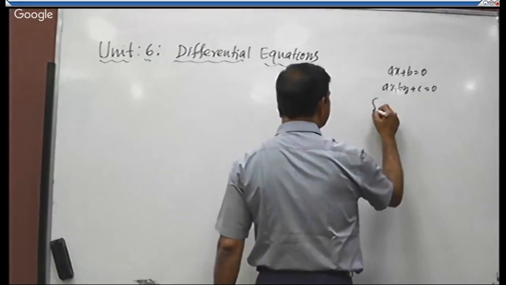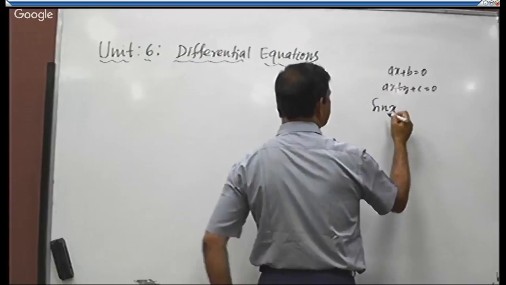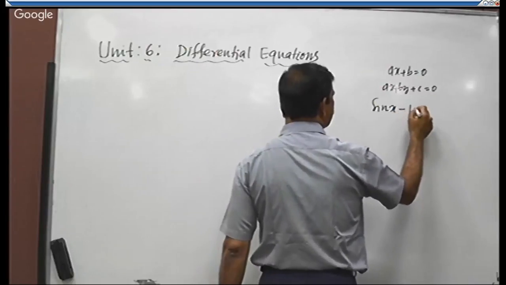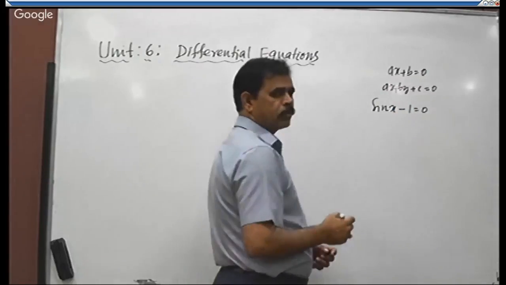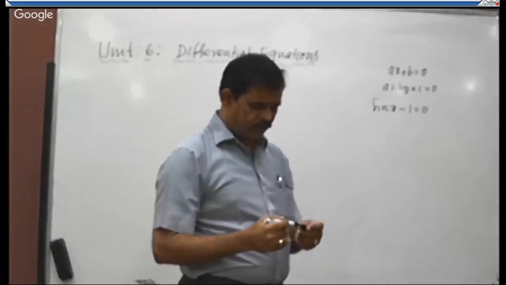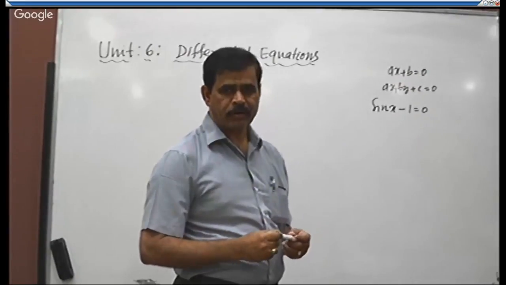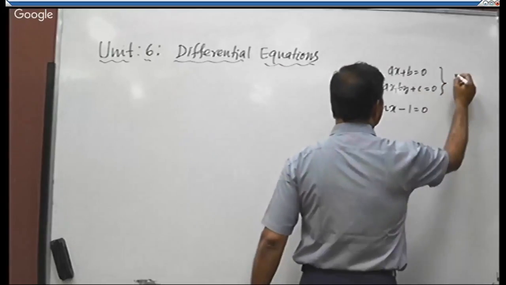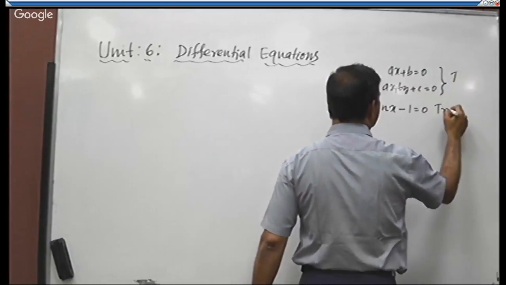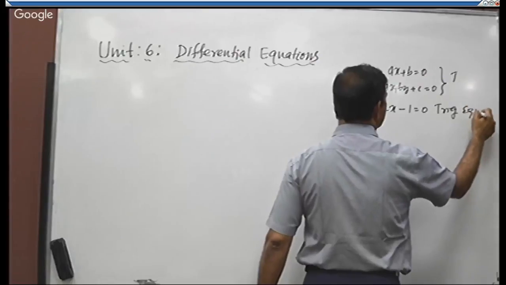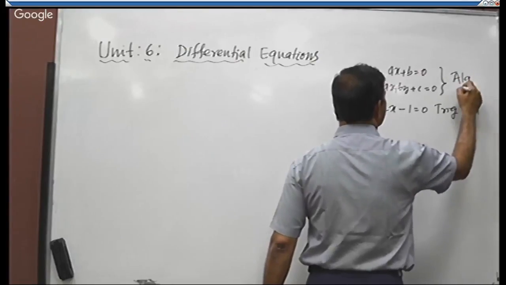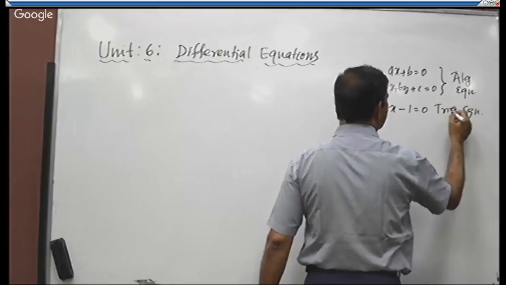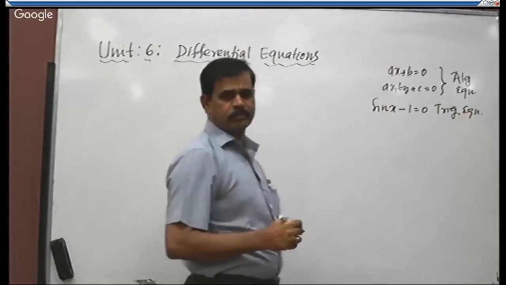It is an algebraic quadratic equation, right? Suppose it involves trigonometric functions, sin x minus 1 is equal to 0. What do you say? This equation consists of trigonometric functions, so it is called a trigonometric equation. It is an algebraic equation, this is a trigonometric equation.